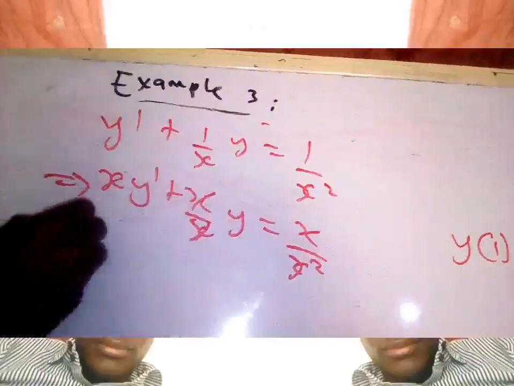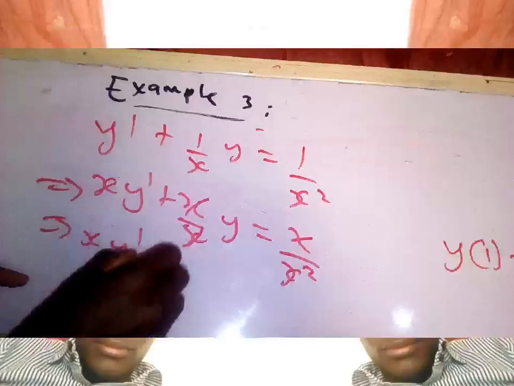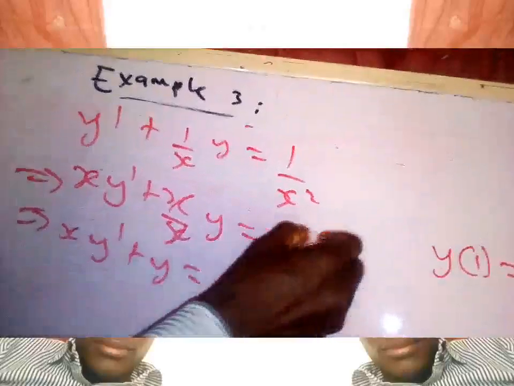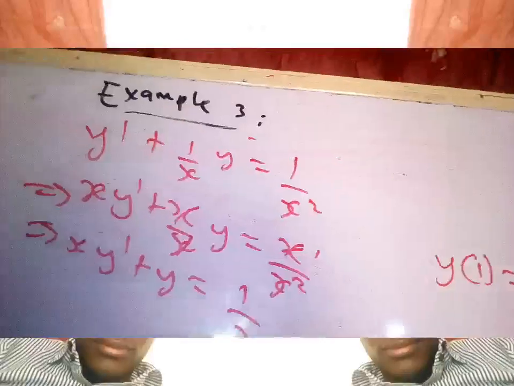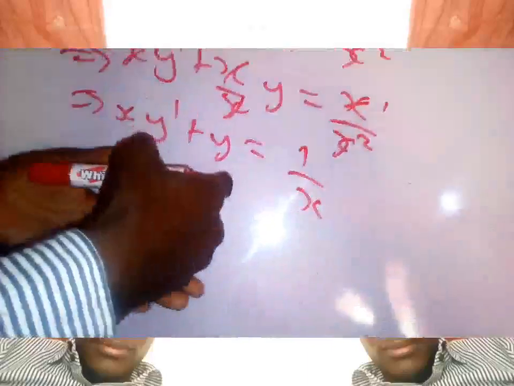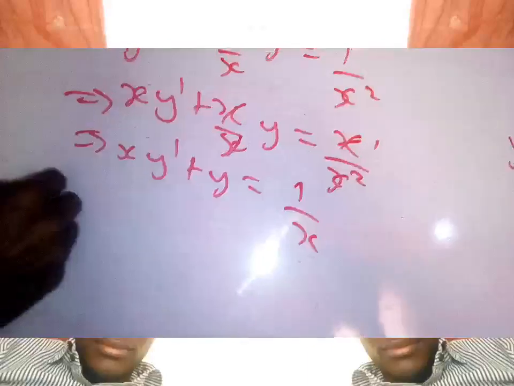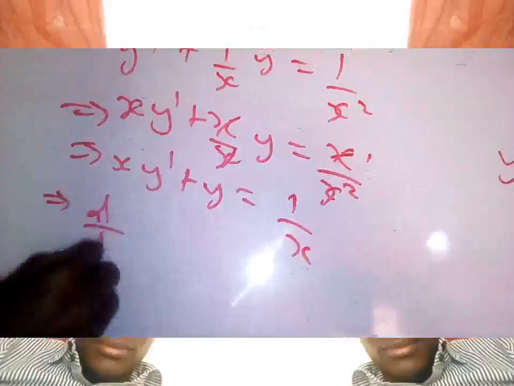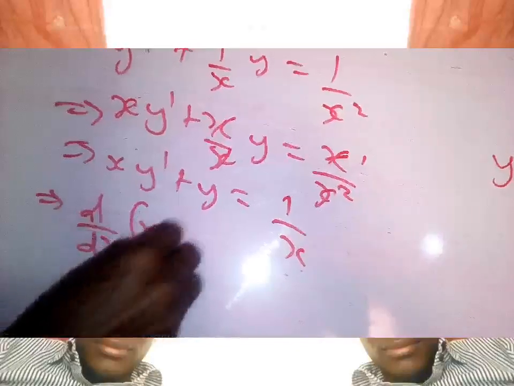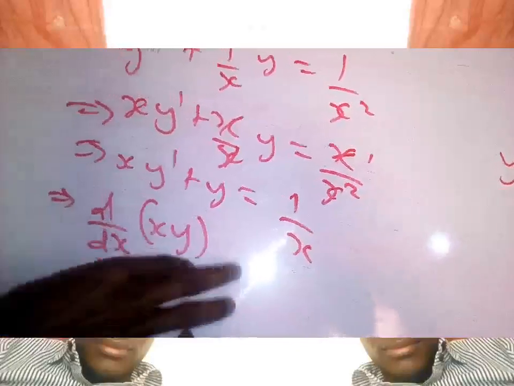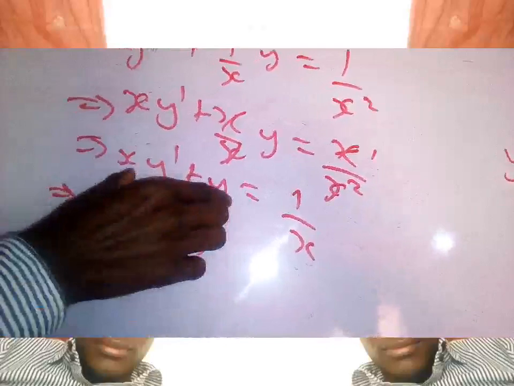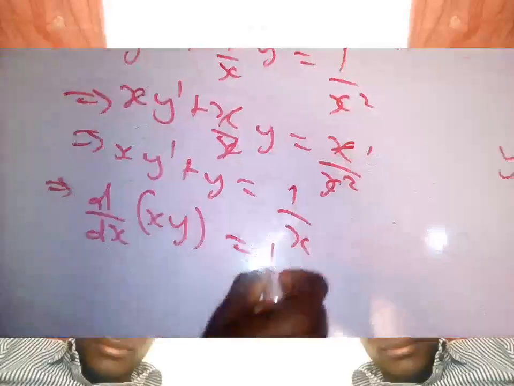Remember, this one cancels. We are having x y prime plus y is equal to, x will cancel here, 1 over x. Now if you look at this, the left hand side is actually the derivative of xy, because if you differentiate this product, you are going to get this. So we have this equal to 1 over x.